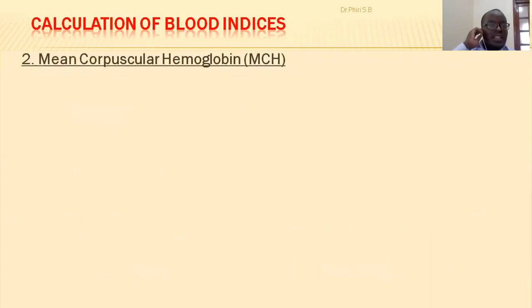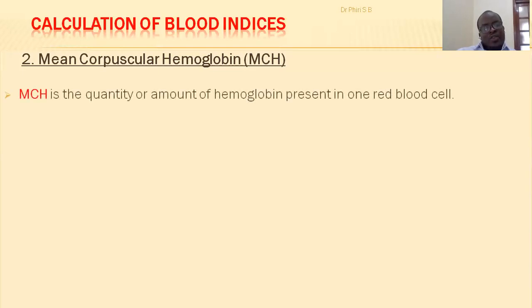The next index of blood indices is mean corpuscular hemoglobin. How do you define it? The mean corpuscular hemoglobin is just the quantity or the amount of hemoglobin present in one red cell. So when you get one erythrocyte, then you check the amount of hemoglobin in there, you are calculating mean corpuscular hemoglobin.